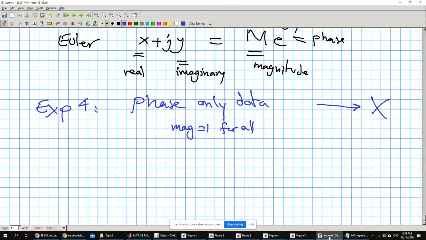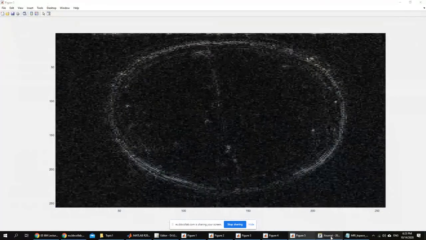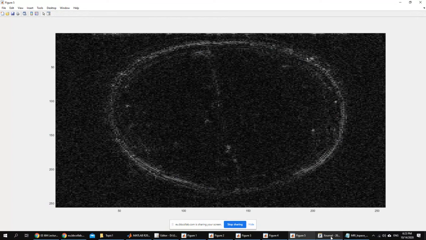The point that I would like to make here is that in order to do the Fourier transformation, you have to have both the magnitude and the phase. Without both, you're lost. Some people think that if you compute the Fourier transformation, you can just keep the magnitude and throw away the phase.